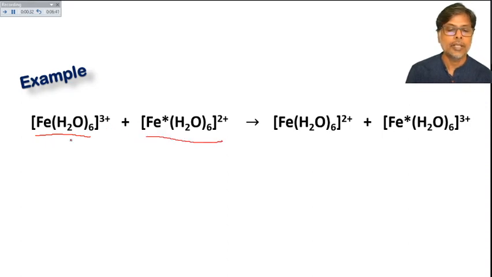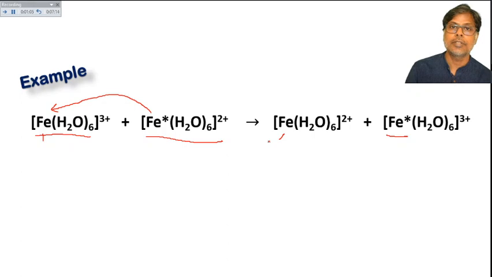Then an electron transfer takes place from iron 2 to iron 3. Then iron 2 becomes iron 3, and iron 3 becomes iron 2. That's what is happening.